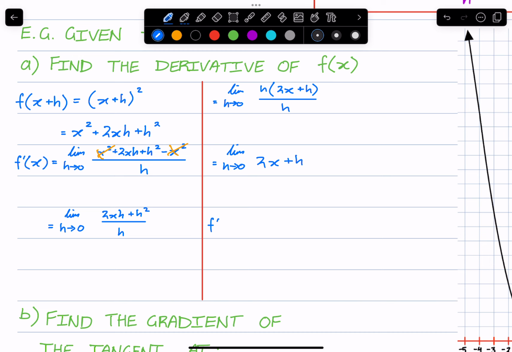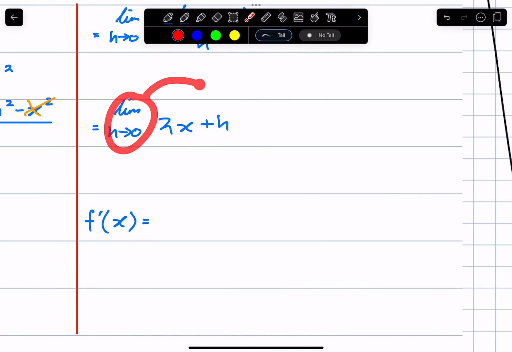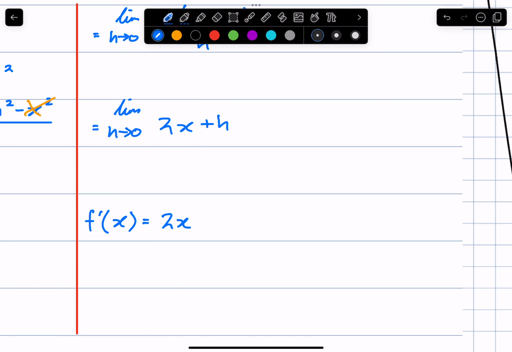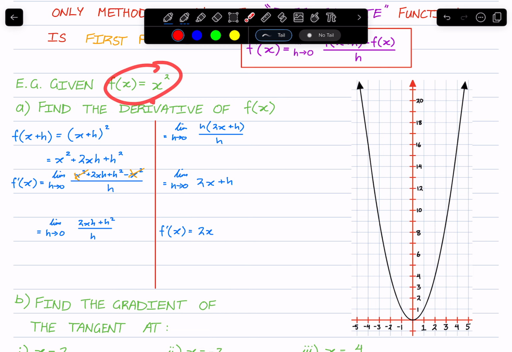And at this point, since we have reached the end, we are now going to apply the limit as h approaches 0. As h approaches 0, it just equals 0, so it is eliminated. So the gradient is given by 2x. If we have the function f of x, the gradient of this function is 2x.